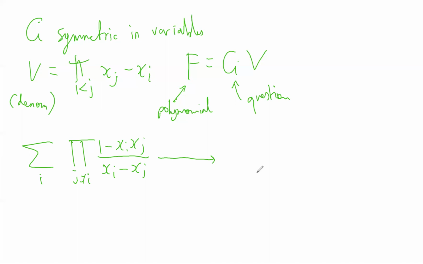Okay, so let's imagine swapping two values, xk swaps with xl. What happens? So when i equals k and when i equals l, there's definitely something affected. All the other ones, we won't care.